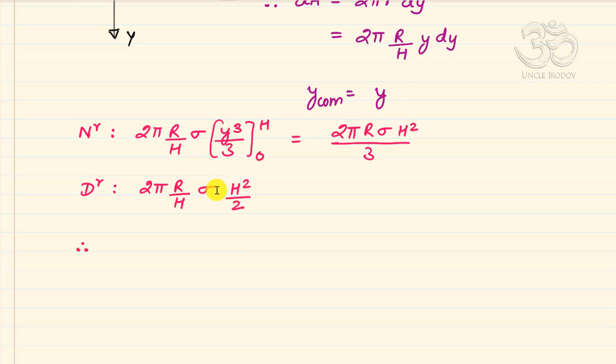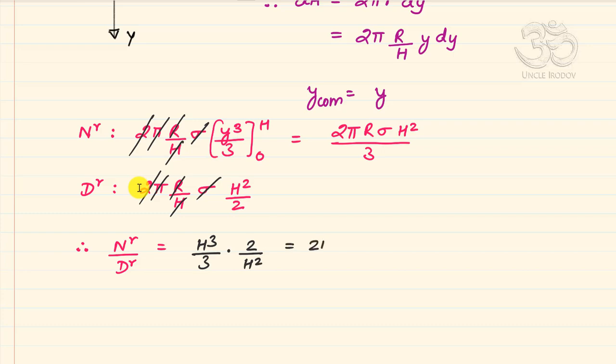And so therefore you have got numerator divided by denominator, and some terms will go off. What are the terms that go off? I think 2 pi R H sigma, and then you have H cube by 3, 2 by H square, so 2H by 3. This also works.